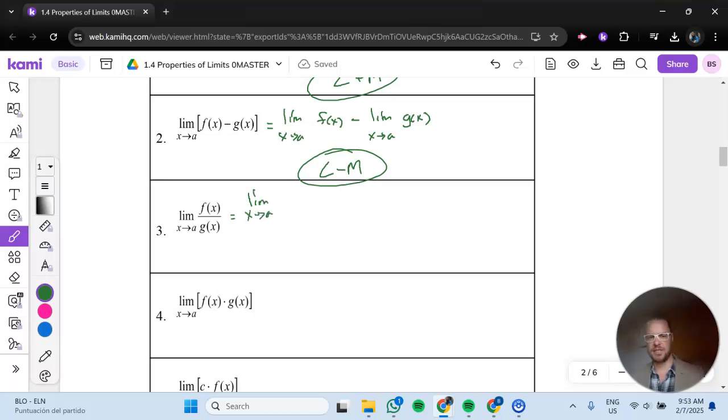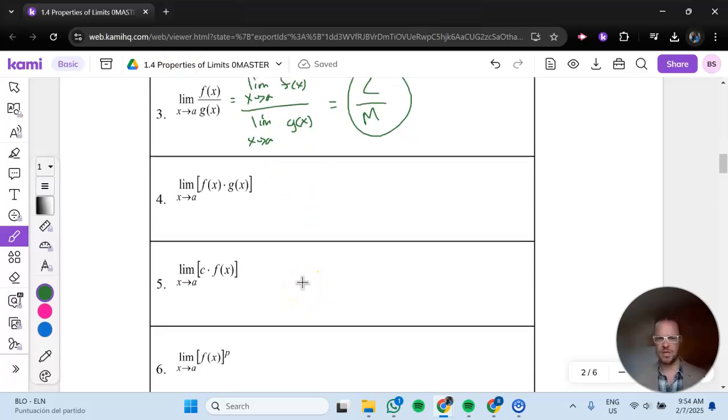So it's going to be the limit as x approaches a of f of x divided by the limit as x approaches a of g of x, which, since that is L and m, it would simply give us L divided by m. Now, if we multiply them, again, it's going to be the same thing. So this is quite literally the limit as x approaches a of f of x, and I'm going to use nice big parentheses or brackets here to kind of show this, times the limit as x approaches a of g of x, or L times m.